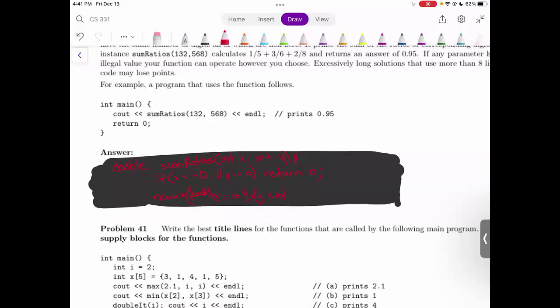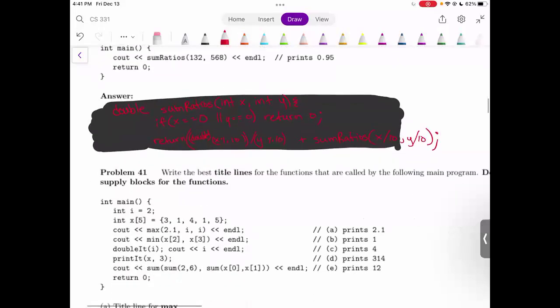And then we're going to do the same thing for the rest of the digits. So this again takes the last digits. In this case, it's 2 and 8. And we do 2 divided by 8.